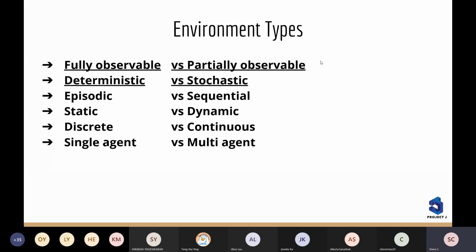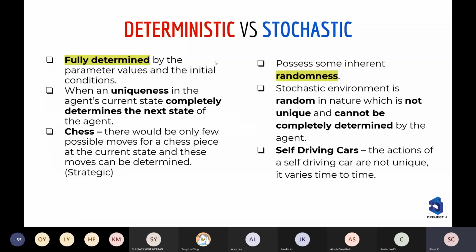Now, the next comparison we'll talk about is deterministic versus stochastic. In a deterministic environment, it is fully determined by the parameter values and the initial conditions, where a uniqueness in the agent's current state completely determines the next state of the agent.